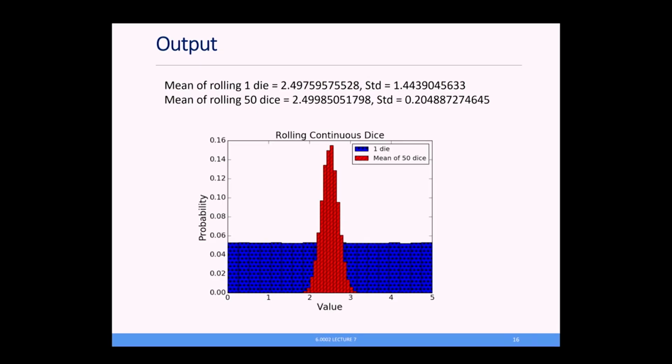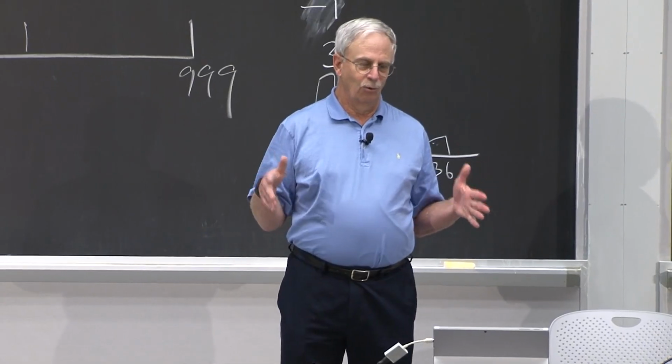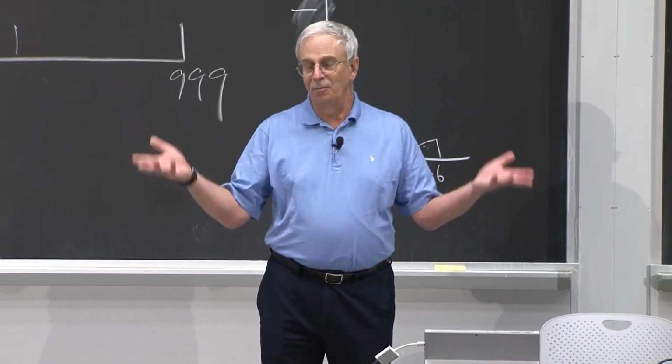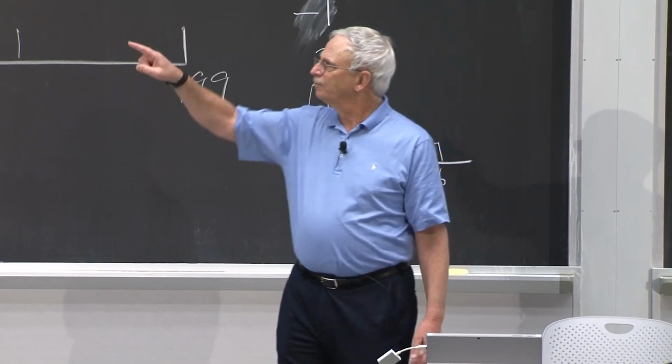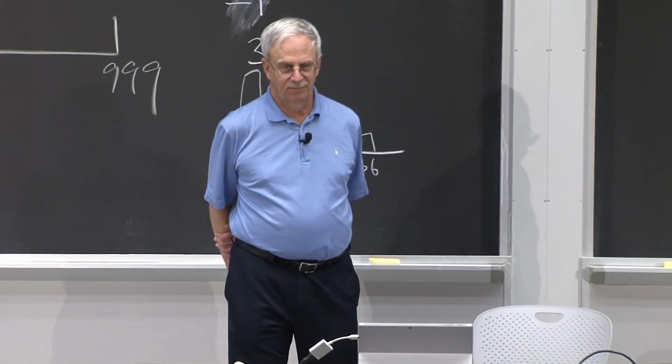But now if I roll 50 dice, again, the mean is close to 2.5. It's what you'd expect, right? I roll 50 dice. I get the mean value of those 50. But look how much smaller the standard deviation is.